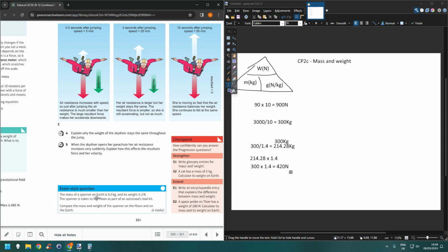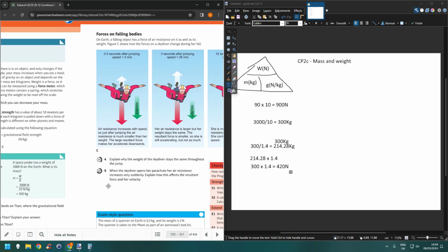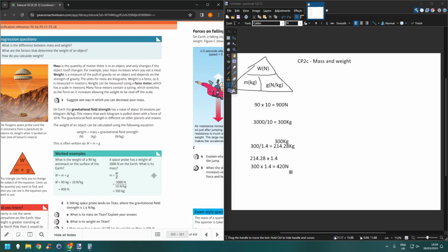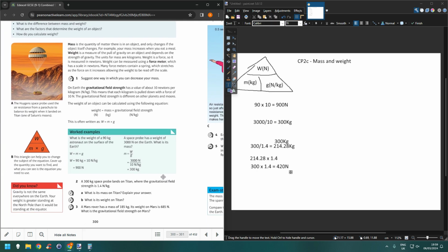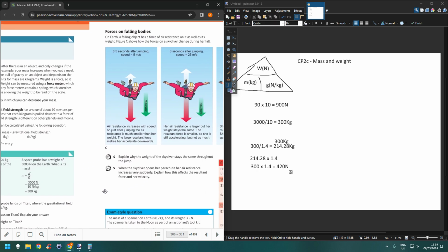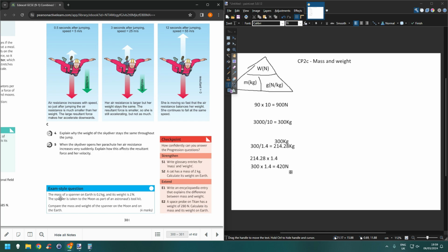Compare the mass and weight of the spanner on the moon and on Earth. Were we given the gravitational field strength on the moon? Or do we just have to say that the moon has less gravitational force than the Earth?